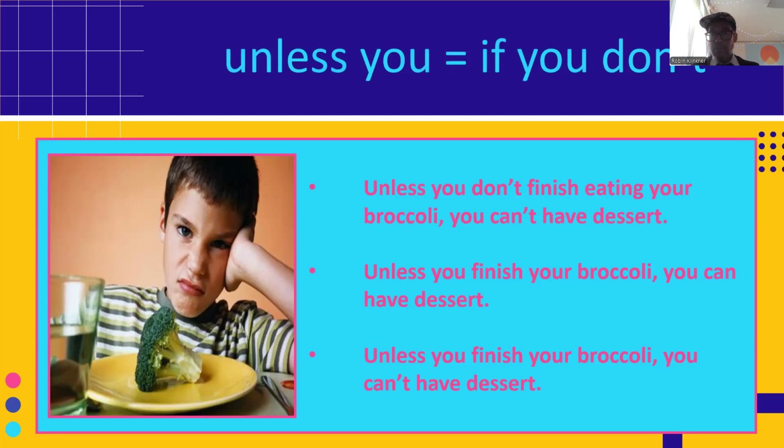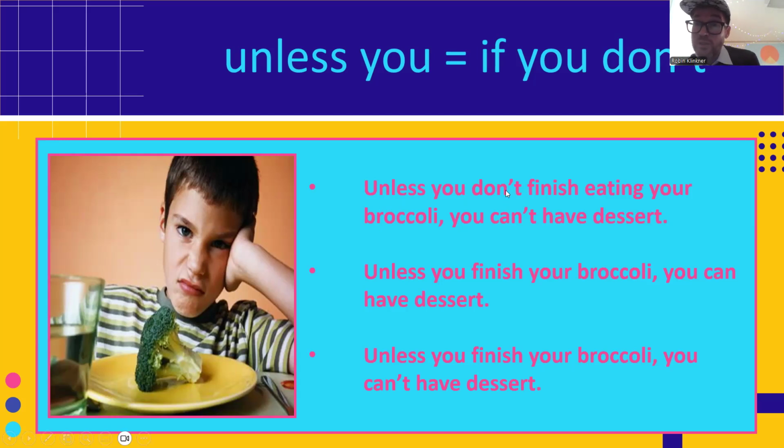Now, oh, sorry. Let's go back. This is actually the point. I should have told you maybe this before, but that's okay. Unless you means if you don't. So let's just put if you don't into these sentences. Now, unless you means if you don't.